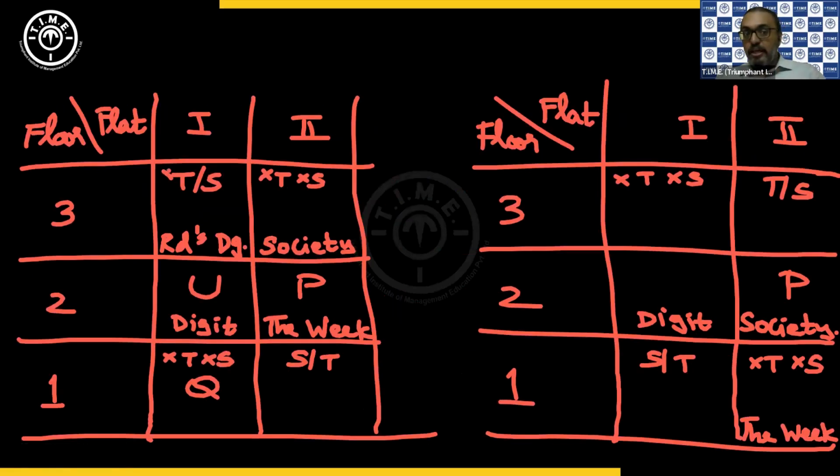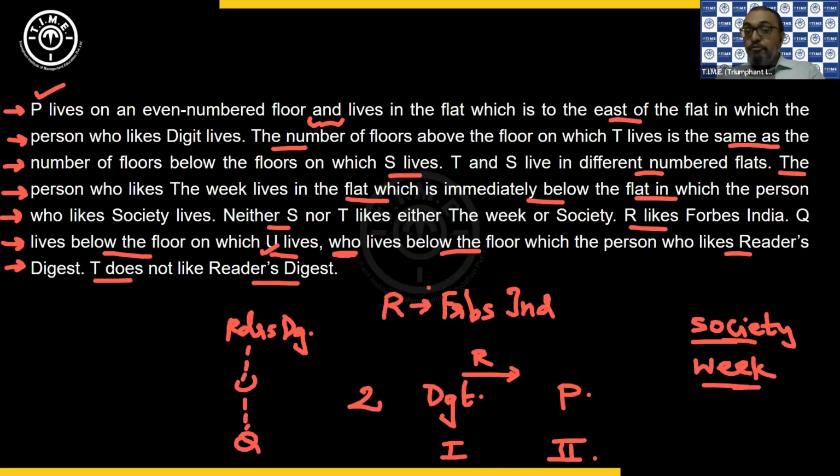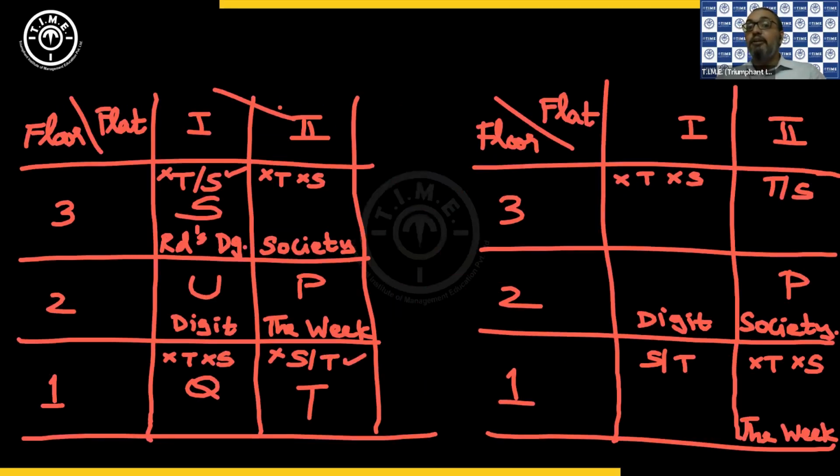So if T does not like Reader's Digest, you put S as Reader's Digest, and then T will be put here. But then unfortunately, we also need to fix that R likes Forbes India. That unfortunately I will not be able to fix in the first case. Correct? Because the only position where you can have R is society, which is not correct.